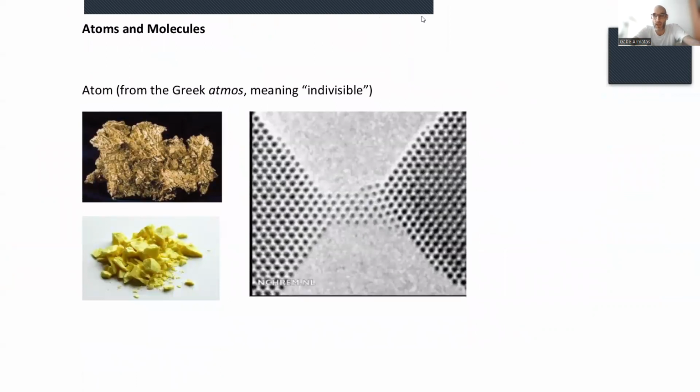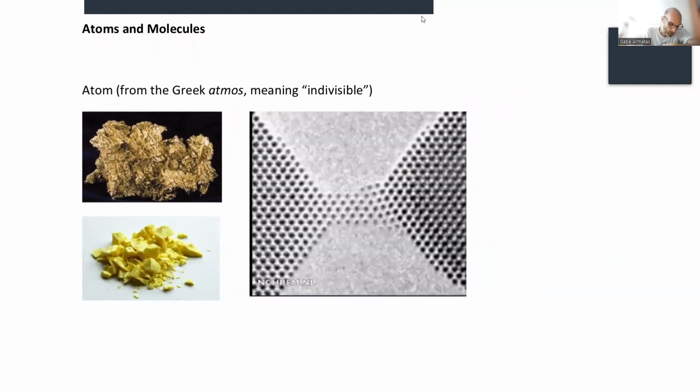So, atoms and molecules. We're going to talk about atoms, and we're going to use these terms. Atom comes from the Greek atomos, which basically means indivisible. So an atom cannot be divided. If I have a small atom, it is going to be that same atom for eternity.